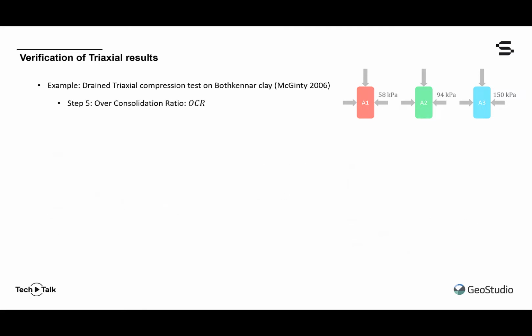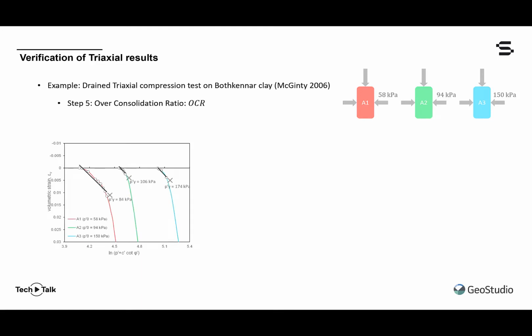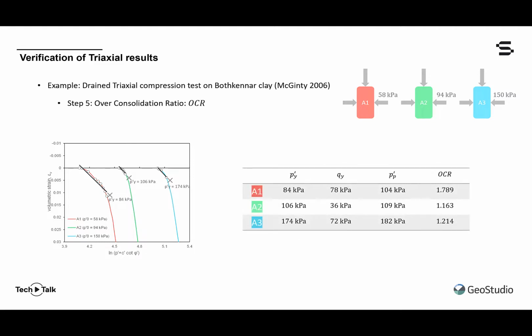The fifth step is to determine the overconsolidation ratio of all three specimens. First of all, the yield points of the samples are detected. The yield values p prime sub y for tests 1, 2, and 3 are about 84, 106, and 174 kilopascals respectively.